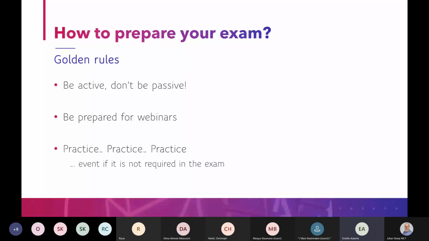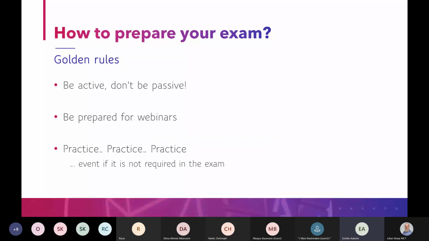Don't be passive. Don't learn only by reading MS Learn. As soon as there is a lab, do the lab, and maybe do it several times if you want. It doesn't matter. Generally it's free, so do the lab.